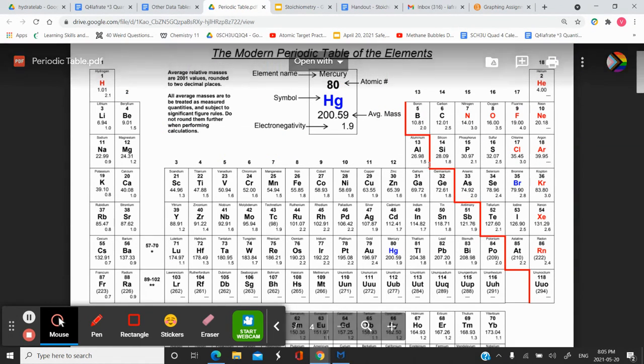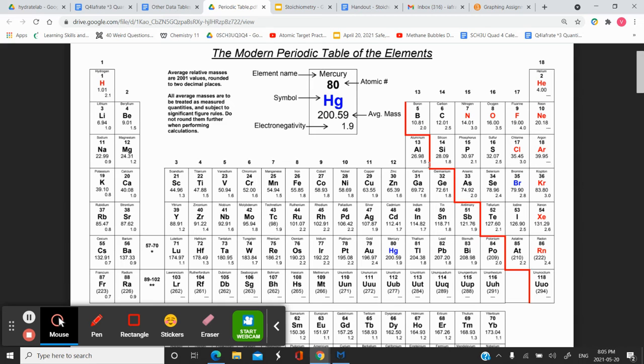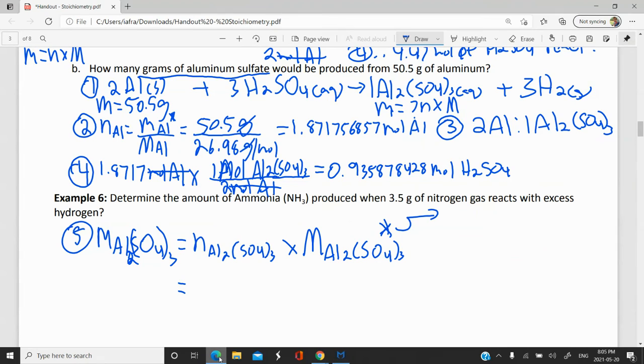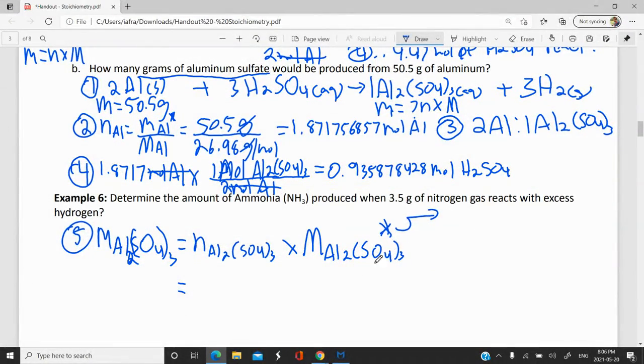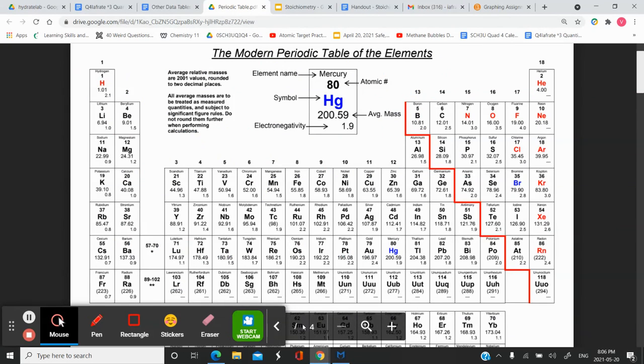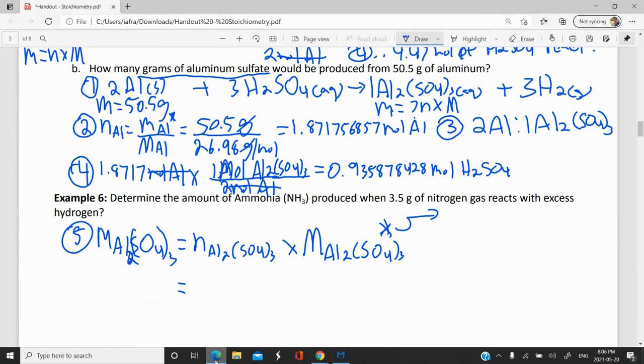So 2 times 26.98 plus for sulfur we have 3 sulfurs. 3 times 32.07 plus how many oxygens? 12 oxygens, because there's 3 times 4 there, right? So 12 times 16. We have a molar mass of 342.17. So that's 342.17 grams per mole.